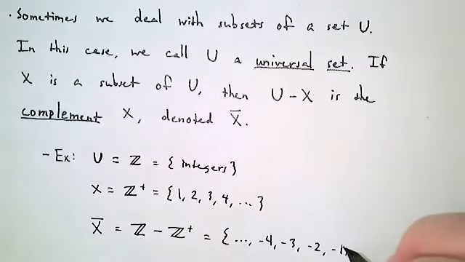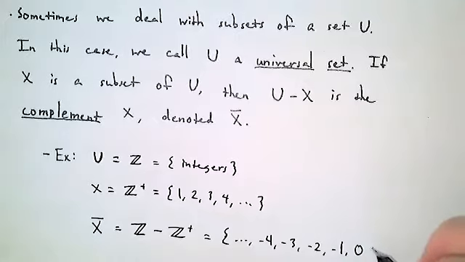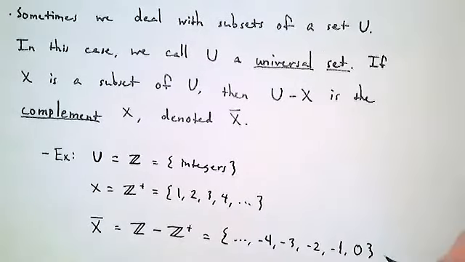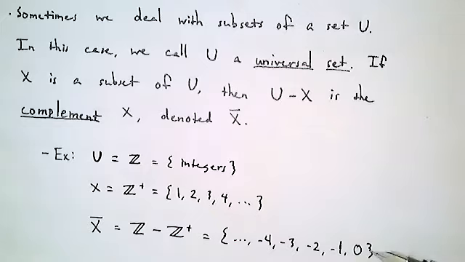Good. So you have to be a little bit careful when you say something like the negative integers or the positive integers, because the number 0 is neither positive nor negative. So just be careful with that. But yes, very close.